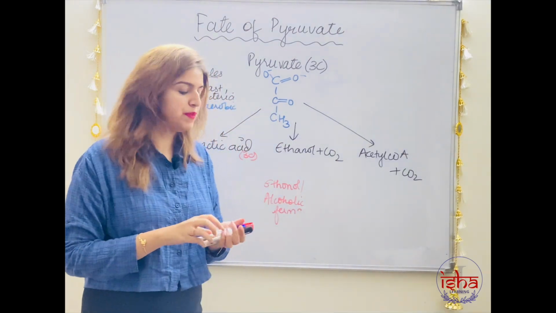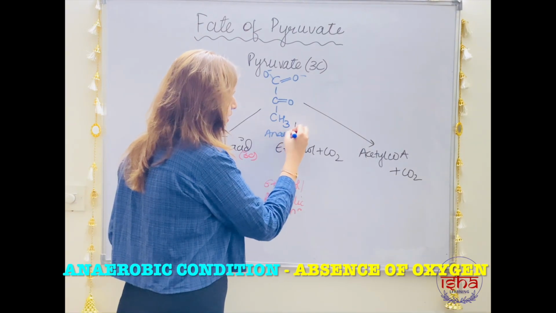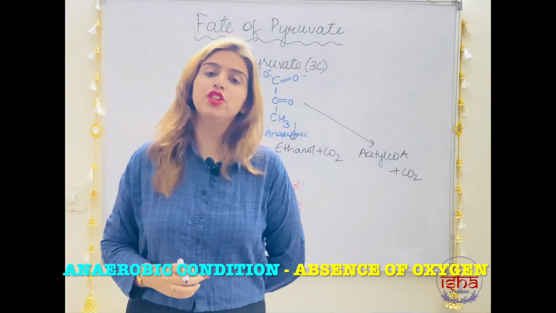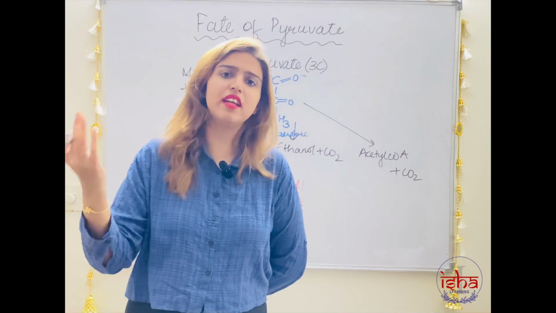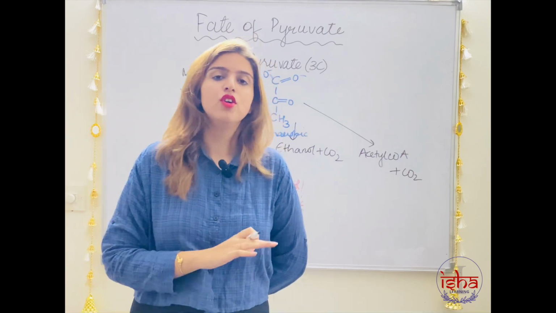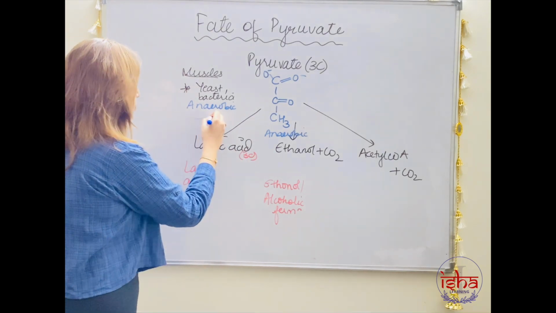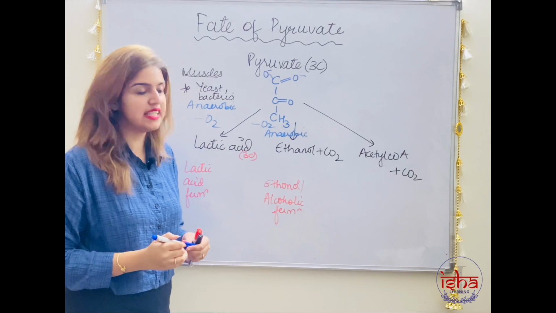This also happens under anaerobic conditions. Anaerobic conditions, guys, I hope you're aware. It means conditions that are oxygen deficient or actually oxygen absent. So in this condition, oxygen is actually absent. So you will just write absence of oxygen in both of these cases.